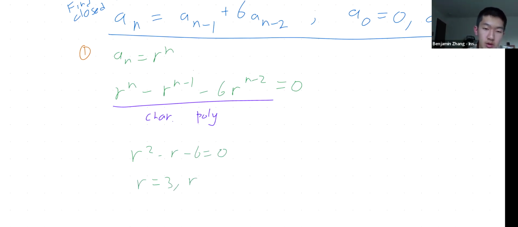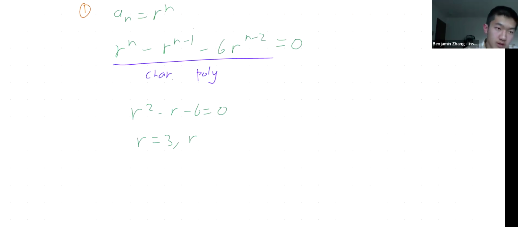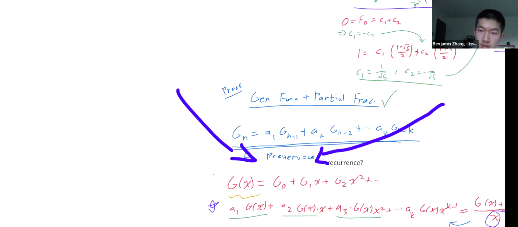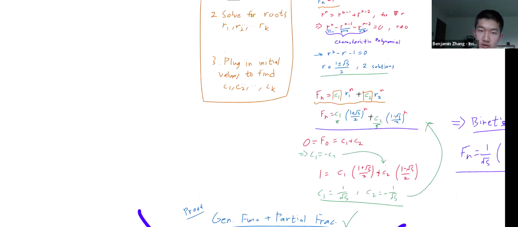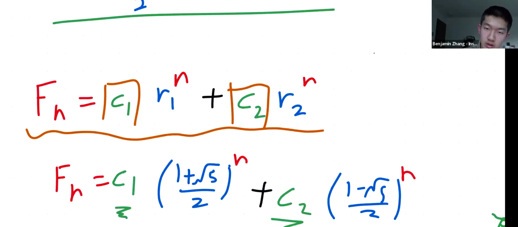Yeah, r can equal 0. That's a good point. But the reason why it doesn't matter in this situation is because of what we wrote here. It can basically be expressed as this sort of a form, right? So if we had another root, let's say it was r3, plus c3 r3 to the n. But if r3 was 0, then it doesn't matter.